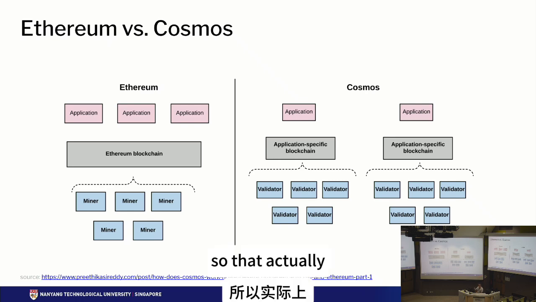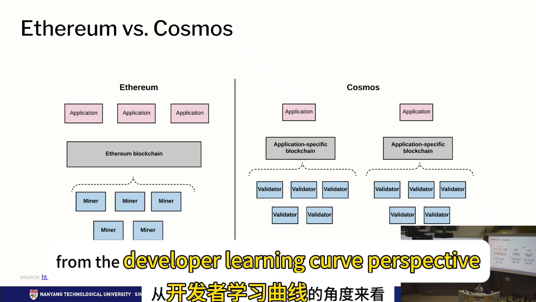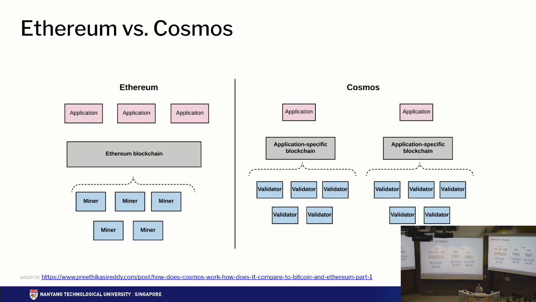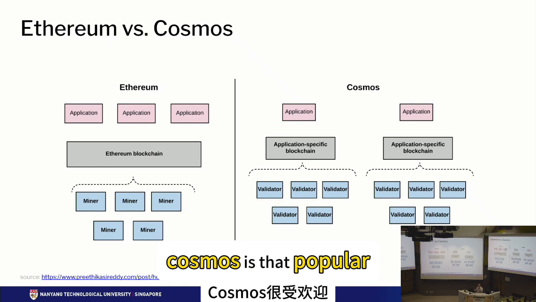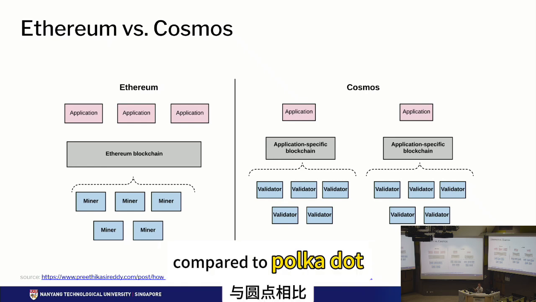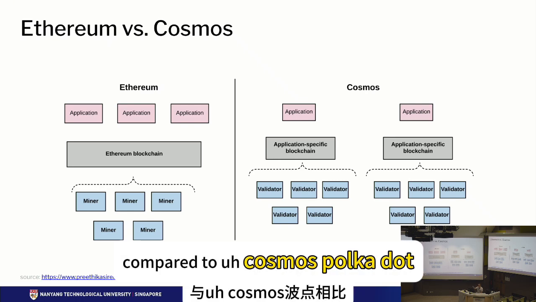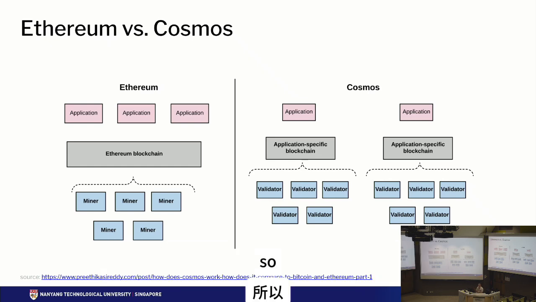That brings down a lot of cost from the developer learning curve perspective, because now you don't need to learn Solidity, for example. This is part of the reason Cosmos is so popular compared to Polkadot. Polkadot's design philosophy is very different.